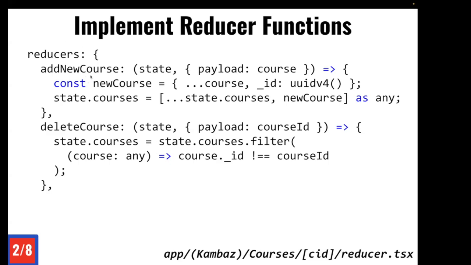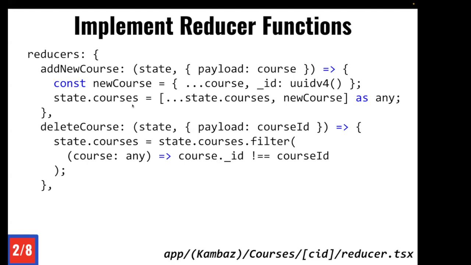We have the same names: add new course, delete course, and so on. The logic, the algorithm, is identical to what we did in the dashboard page, but the syntax is slightly different. New course is exactly the same. We have course, we have the ID, and then setting the new courses array is slightly different.